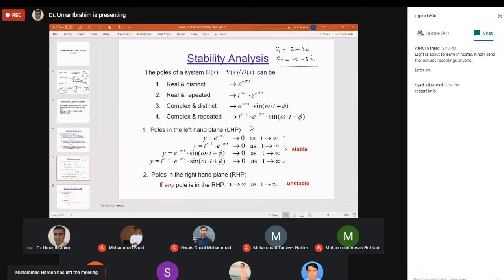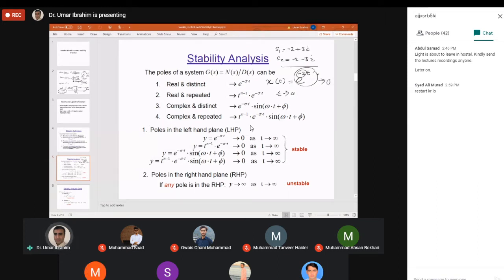Now, when we plot the response of this system, when we take the inverse Laplace of X of s, we get x of t equal to e raised to the power -2t plus something, e raised to the power something, cos of something and something. We are concerned about the real part. If we have -2 here, as t approaches infinity, this whole term will approach 0 because of -2.